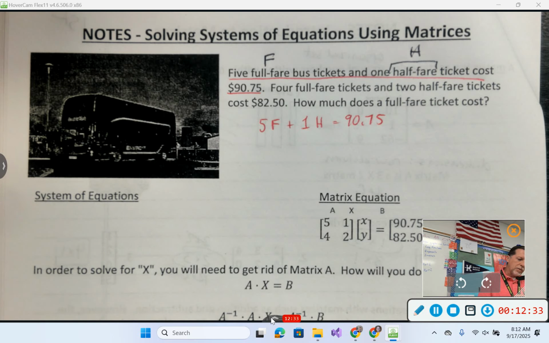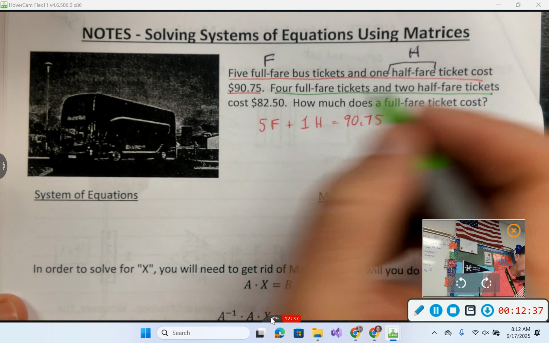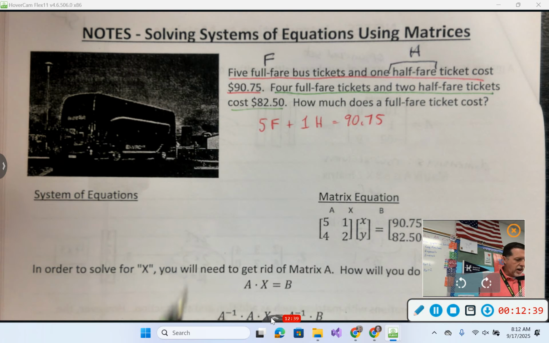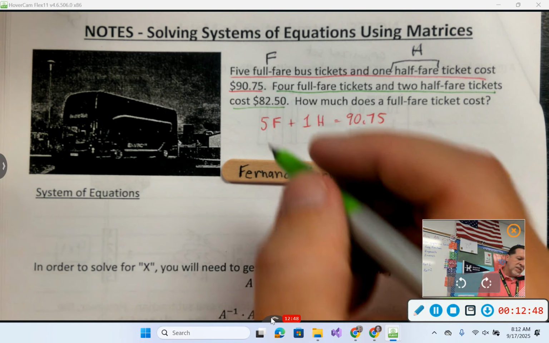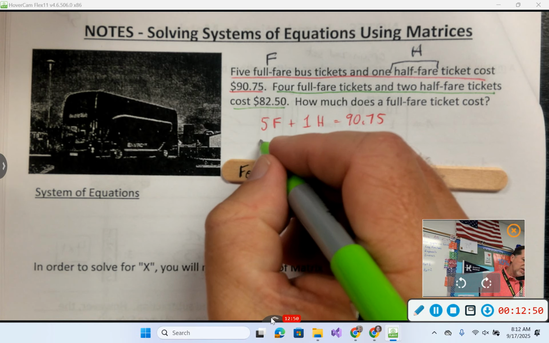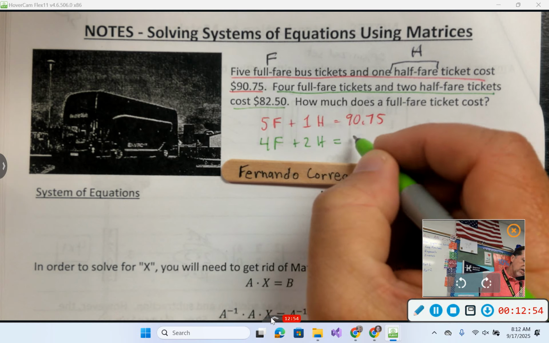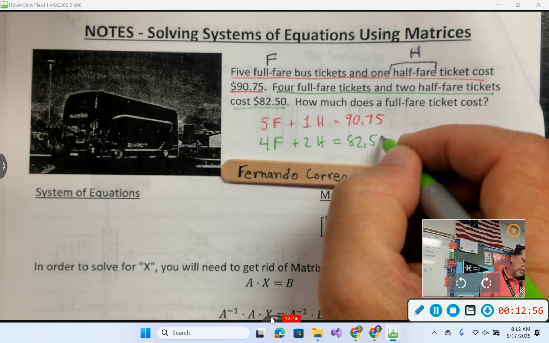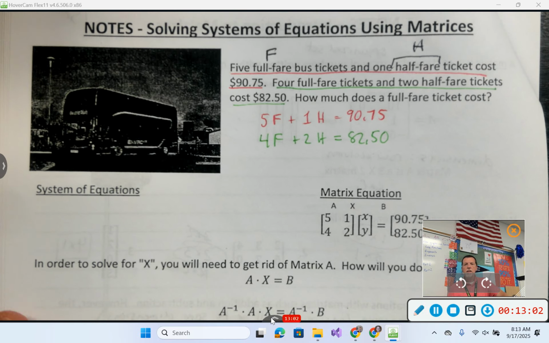I will pick on someone for the second one. 4 fulls and 2 H's cost $82.50. So, Fernando, can you write the second sentence as an equation? Is it 4F plus 2H equals 82.5? Yep. 4F's plus 2H equals $82.50.